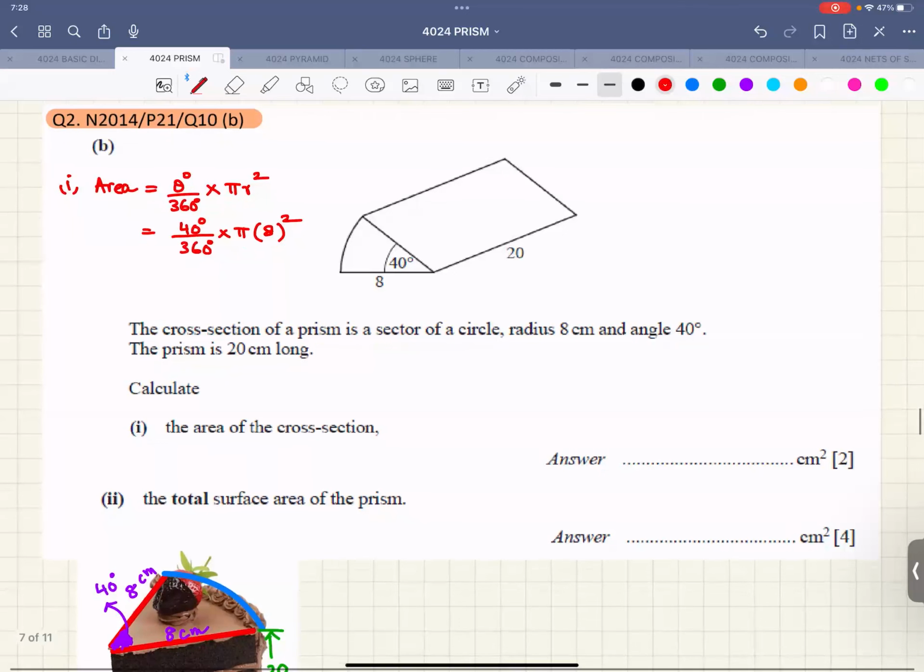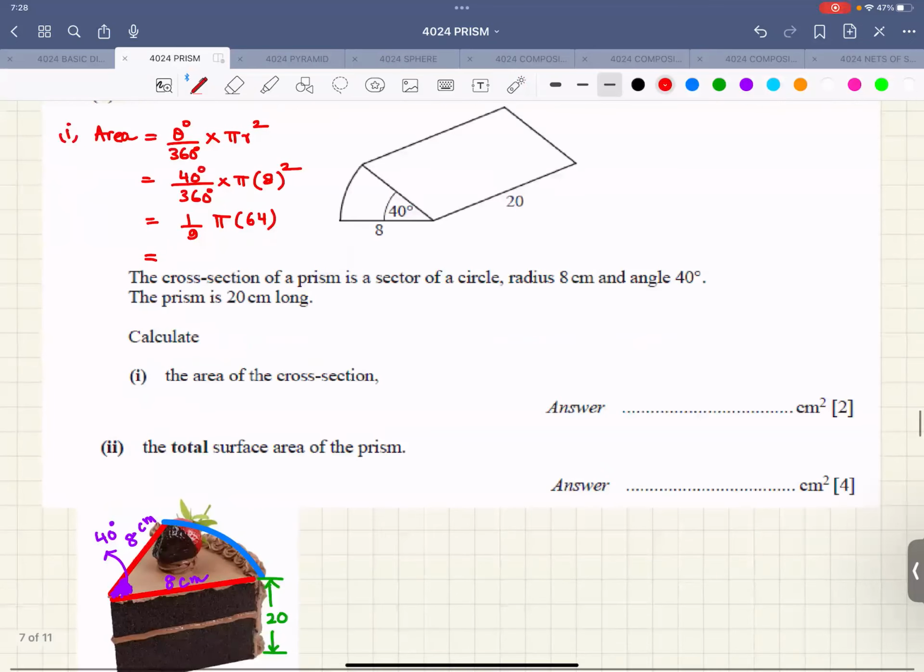So therefore, my bad, this is paper 2. So that means you can use a calculator. Otherwise, I would have left the answer in terms of pi. This is 1 over 9, this is pi, and this is 64. So let's multiply it out. Let me grab a calculator. Using pi as 3.142, into 64 divided by 9, this comes out to be 22.34.